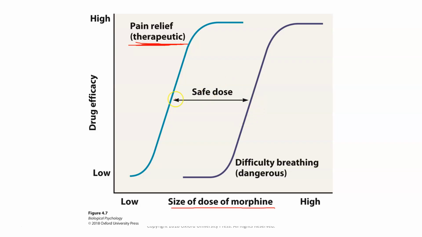The safe dose is this range of dose where we get more therapeutic effects and less dangerous side effects. And so typically when we administer drugs like morphine or any other drug for that matter, there's a range of doses that are used to administer the drug where it produces therapeutic effects, but it minimizes the effects of toxic side effects. Okay, so that's called therapeutic range of drugs.